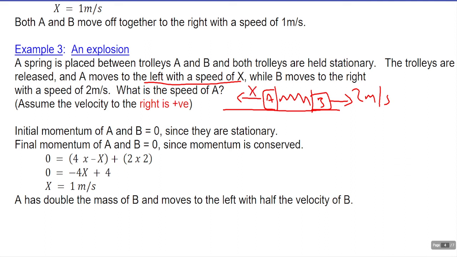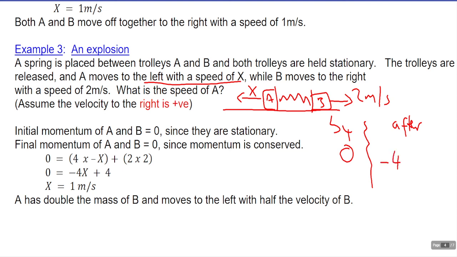So the total momentum before the explosion, I always want to do this, separating before and after. The total momentum before was 0 because they were stationary, both of them. Then after, we have A moving to the left, so the momentum is going to be negative.